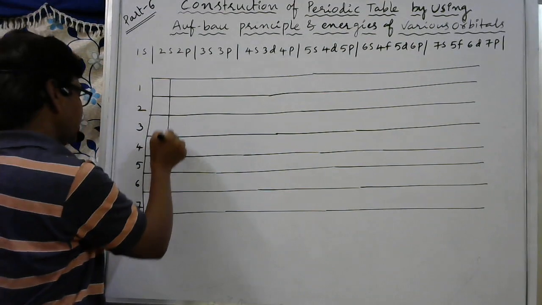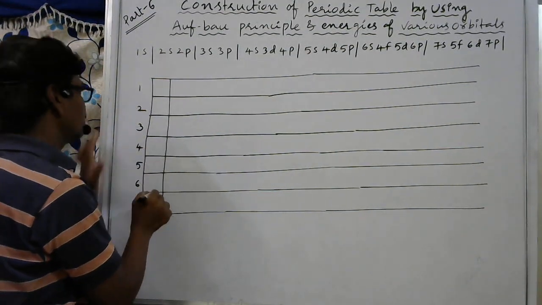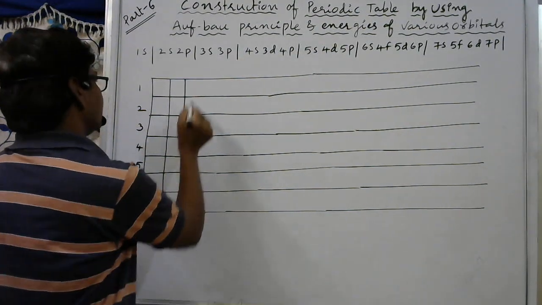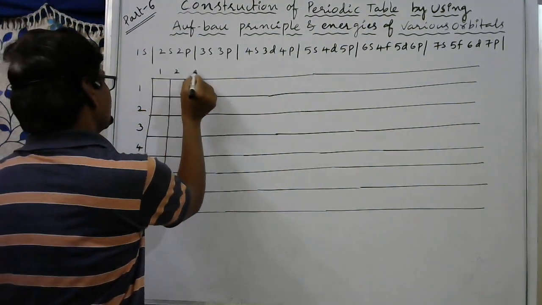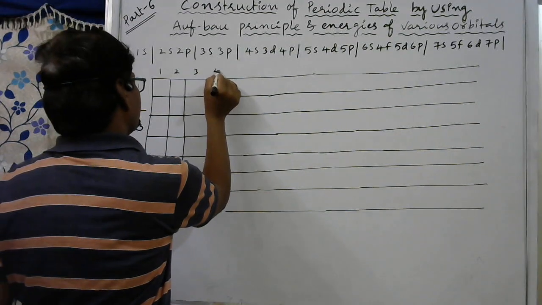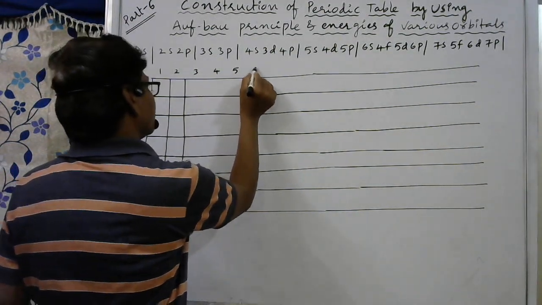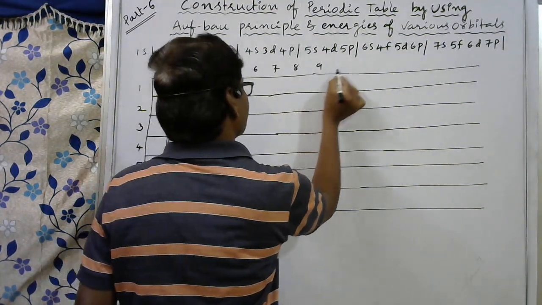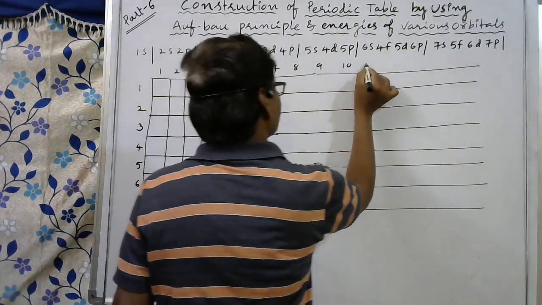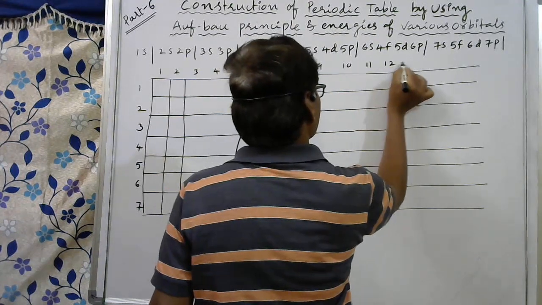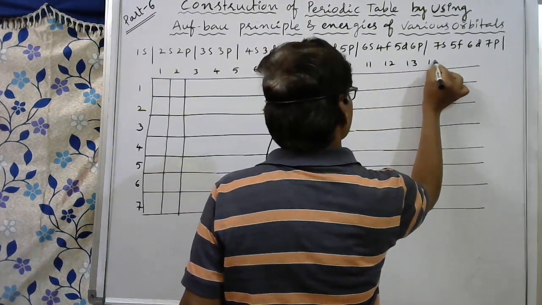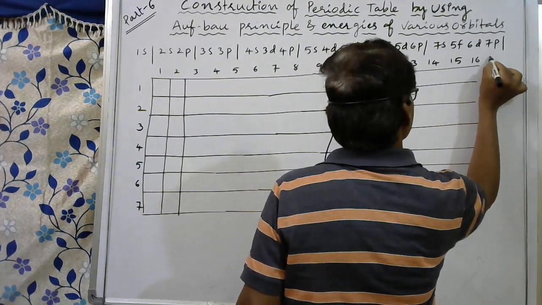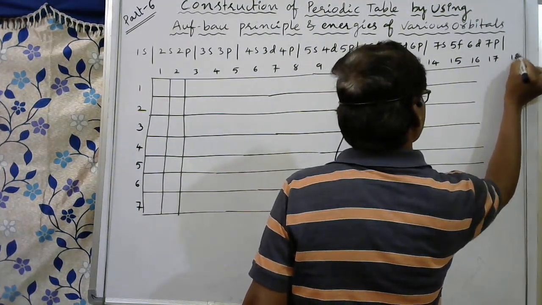Total 18 groups we have. First one, then this is the second, and here 1, 2, 3, 4, 5, 6, 7, 8, 9, 10, 11, 12, 13, 14, 15, 16, 17, here 18.